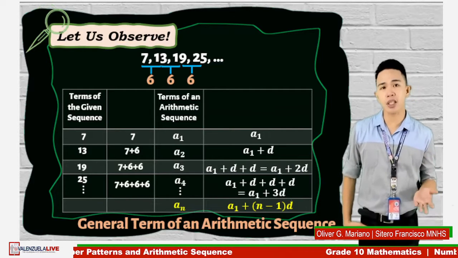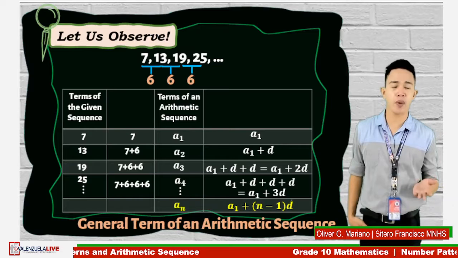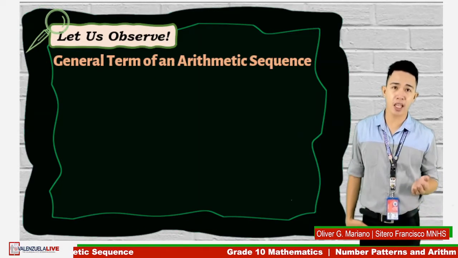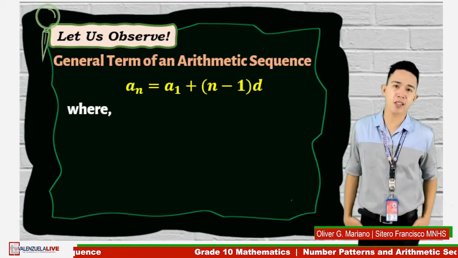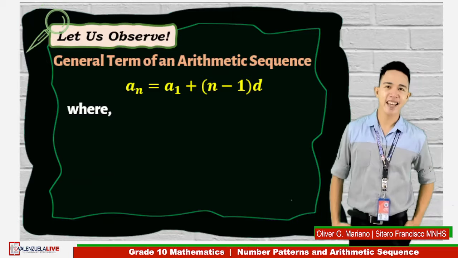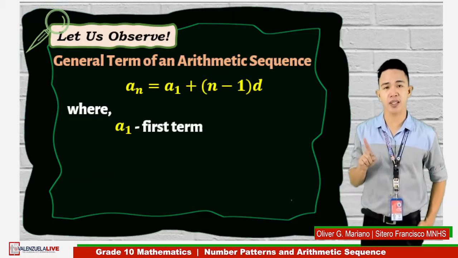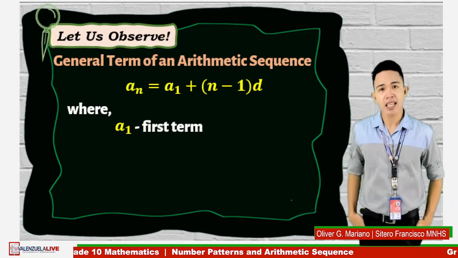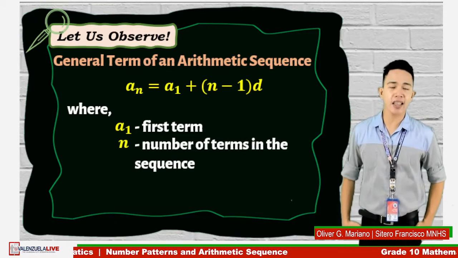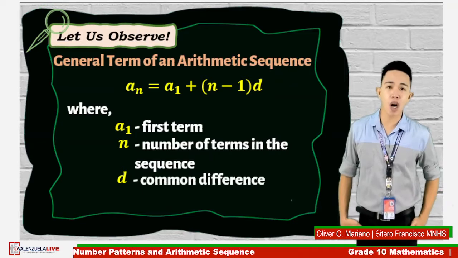In the general term of the arithmetic sequence, which is a sub n equals a sub 1 plus quantity n minus 1 times d, we note that a sub 1 is the first term, n is the number of terms in the arithmetic sequence, and d is the common difference.